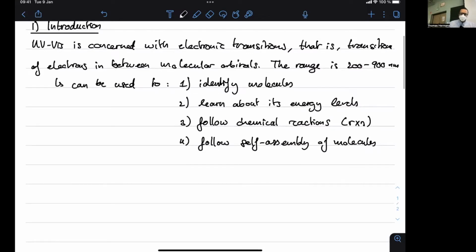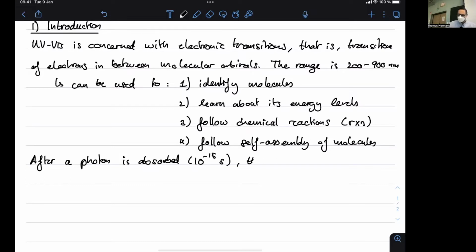Okay, so what happens? After a photon is absorbed, that goes in 10 to the minus 15 seconds, so very, very fast. The energy increases instantly, right?